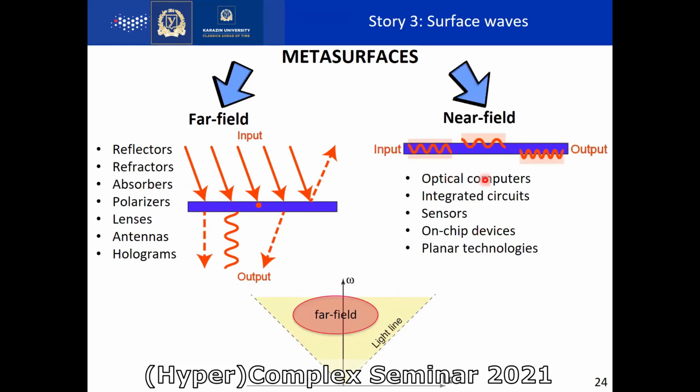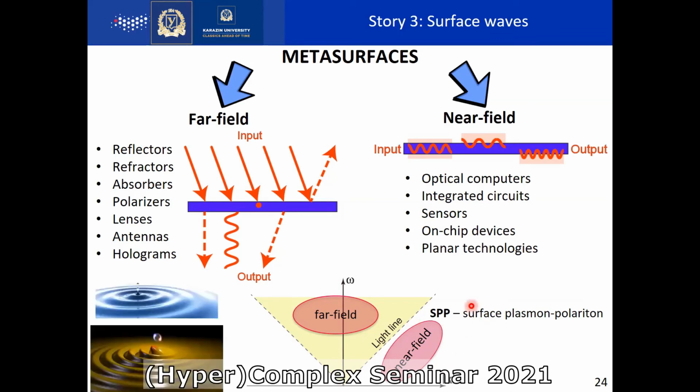However, for some tasks such as integrated circuits and on-chip devices, and any other planar technologies, one needs to control light over a surface, almost in two-dimensional space. And in this case, we should go under the light cone to the so-called near-field spectrum, which gives us the localization.